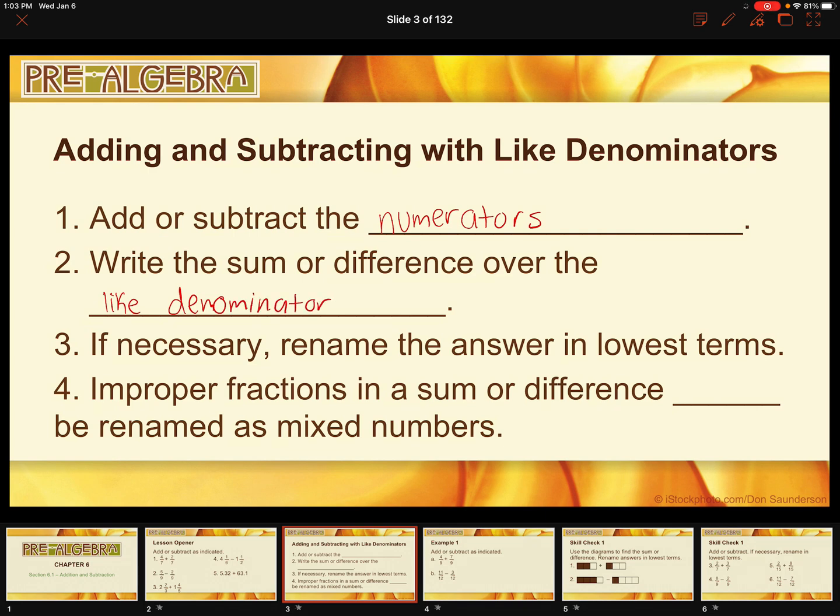If necessary, rename the answer in lowest terms. Improper fractions in a sum or difference can, but don't have to be renamed as mixed numbers. As long as your answer is in lowest terms or simplest form, I am not going to be picky as to whether they're improper fractions or mixed numbers.